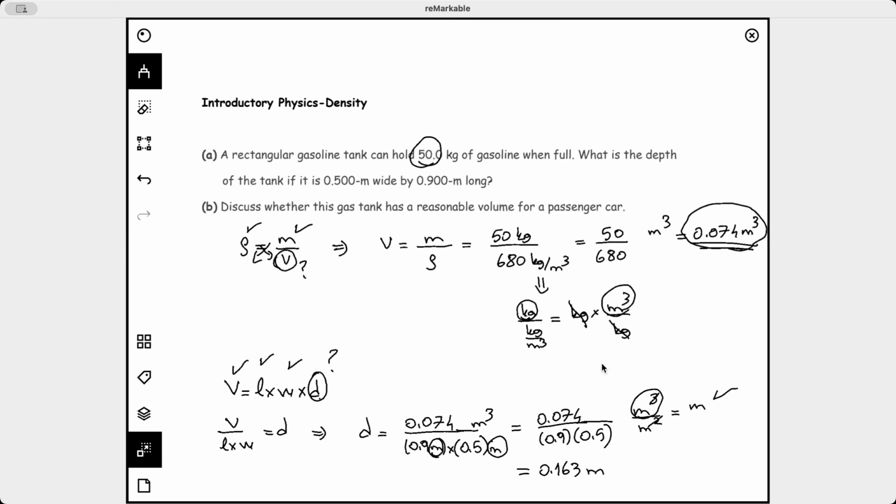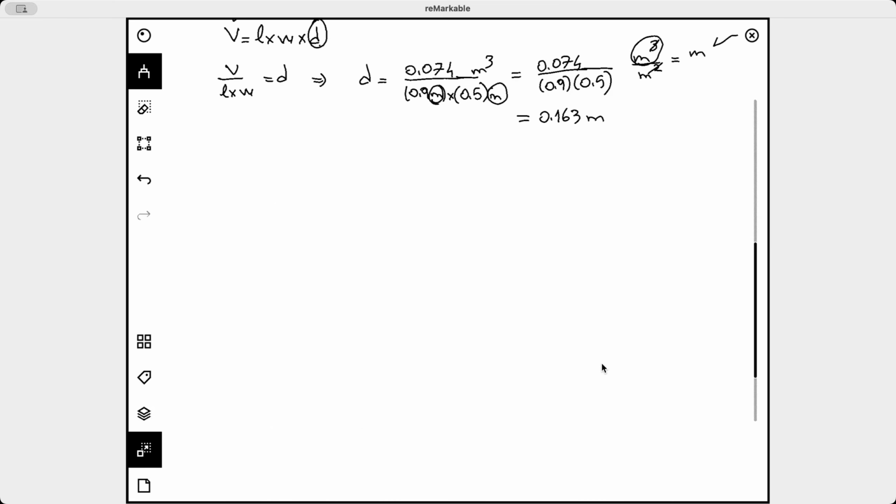Part B, discuss whether this tank has a reasonable volume for a passenger car. To discuss that, we have a volume in terms of meter cube, so let's convert this meter cube to gallon, so that we can get information about whether this is a reasonable tank. 1 meter cube is equal to 264.172 gallon.